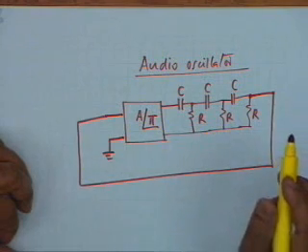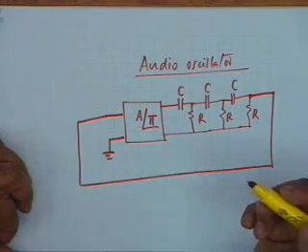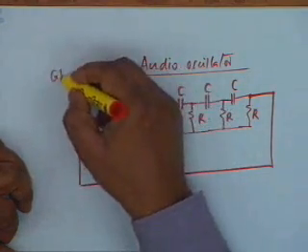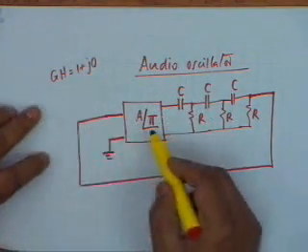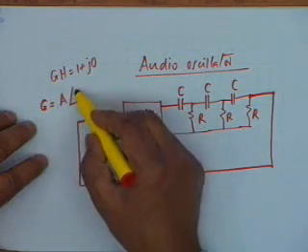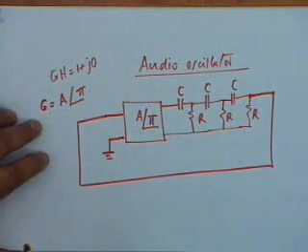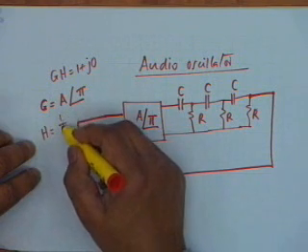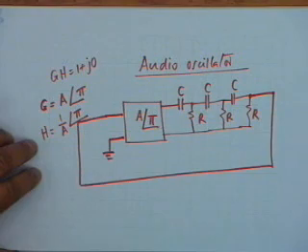Now the reason is the following. We have assumed that this amplifier has a gain A and a phase shift of pi, and therefore if you want GH equal to 1 plus J0, G is obviously A angle pi. What do you require H to be? H must be equal to 1 by A and angle pi. Alright.